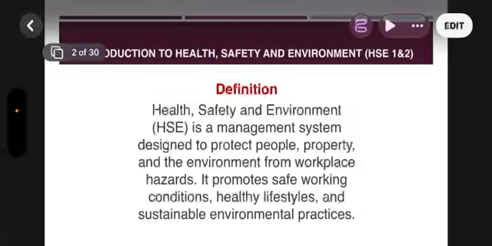and environment. Health, safety, and environment is for individuals who are looking at having a career in industries where workers are exposed to hazard. So it's important that you have a certification in HSE level 1 and 2, which is the safety officers course.